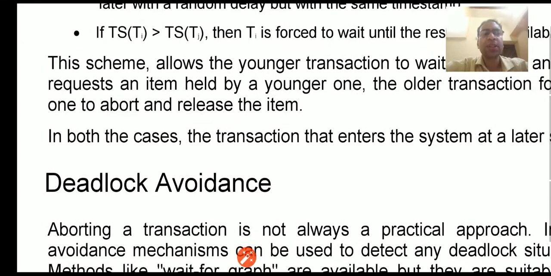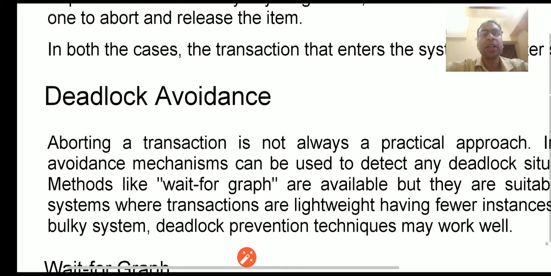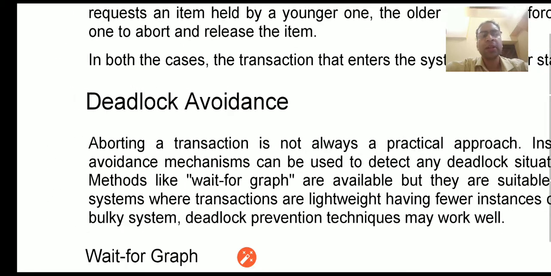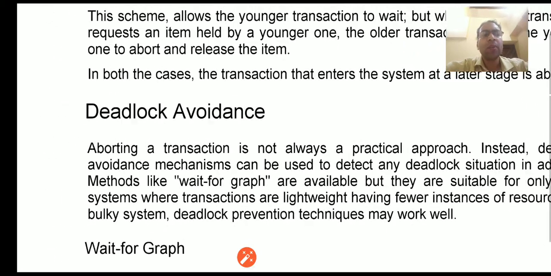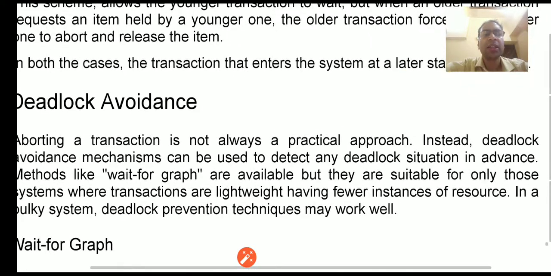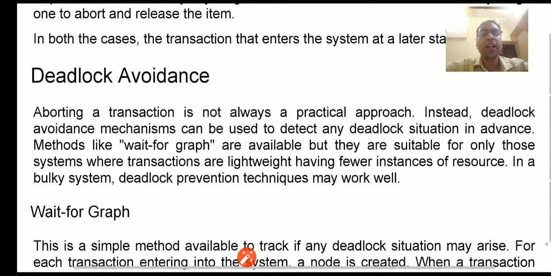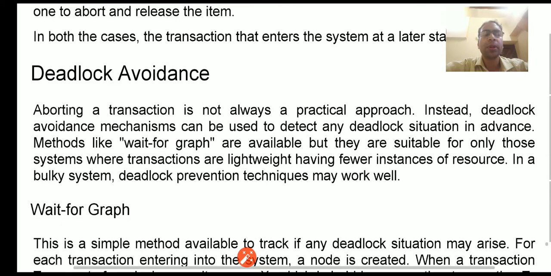The next deadlock scheme is deadlock avoidance. As we had already seen, aborting a transaction is not always a good idea because it may affect the system, the execution, and the functionality. So we have a deadlock avoidance mechanism.